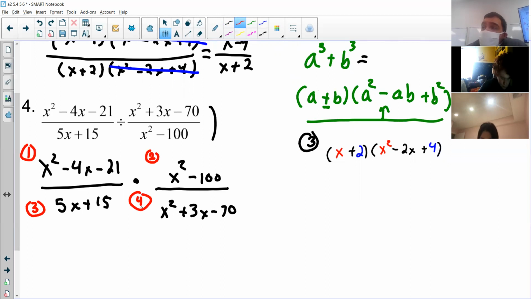Everyone, after you flip it, I want you to try factoring 1, 2, 3, and 4. You don't flip both sides. Only the right one, only the divisor.